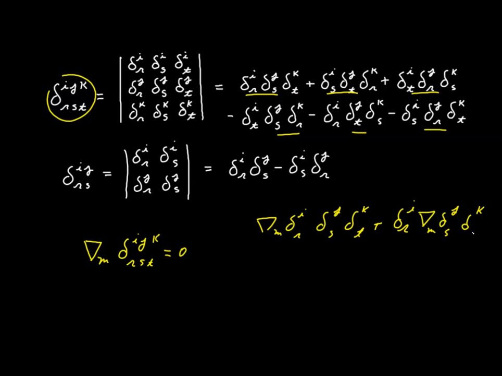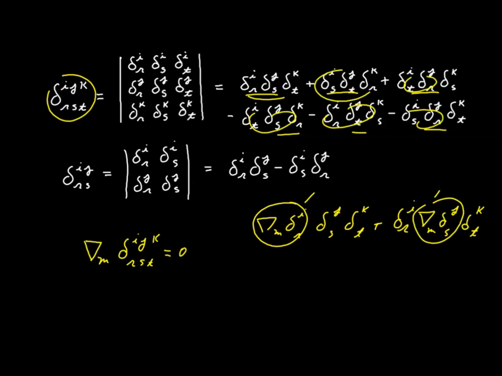And so what that tells us is that each of these factors we know to be 0 because the individual Kronecker delta possesses the metrinilic property. So as we work our way through the product rule on each of these terms, each one of these expanded terms is going to have a factor of 0, and that's true for all of these. So that leads us to understand that this is true.